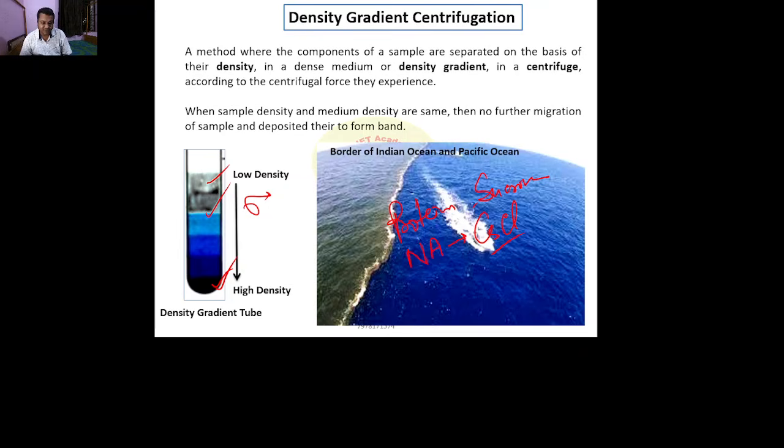No. Remember one thing, even if their compositions are the same, as they have different densities, they won't intermix. The best example, see here: the Indian Ocean and the Pacific Ocean both are aqueous, that is salt and water, but their salt concentrations are different. That's why they form a border line like this. They won't intermix. So there is no question of intermixing between the different dense solutions.